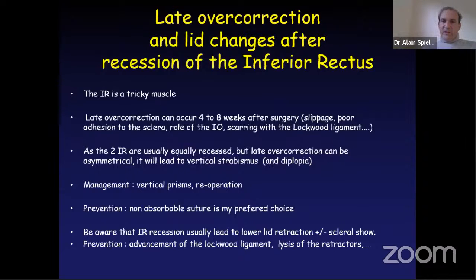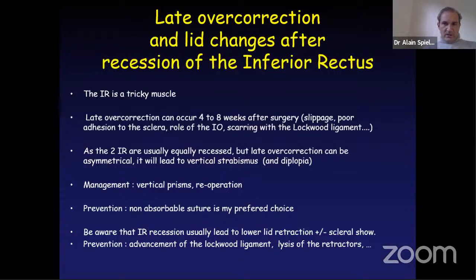There are also problems with the Lockwood ligament. And this is a well-known complication of inferior rectus surgery. In nystagmus surgery, usually you recess the two inferior rectus muscles symmetrically. They are equally recessed, but late overcorrection can be asymmetrical and it will lead to vertical strabismus and diplopia.